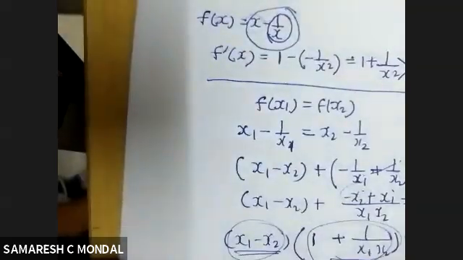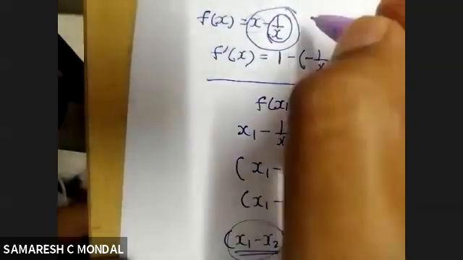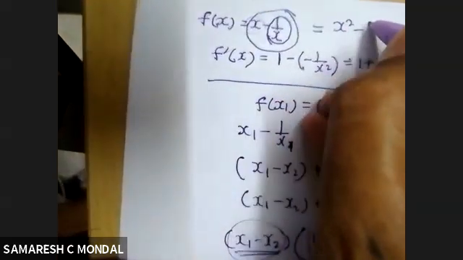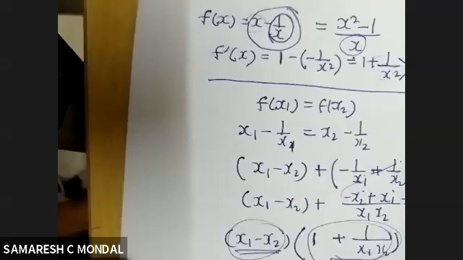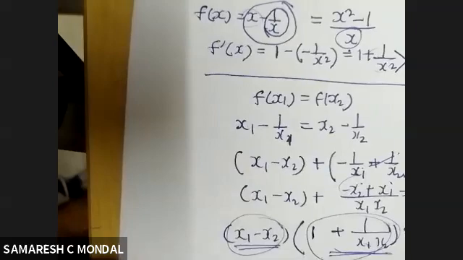If you draw the graph of this, the function is undefined at 0. If you simplify, you'll get x square minus 1 by x. The function is undefined because if the denominator is 0, anything divided by it will be undefined.